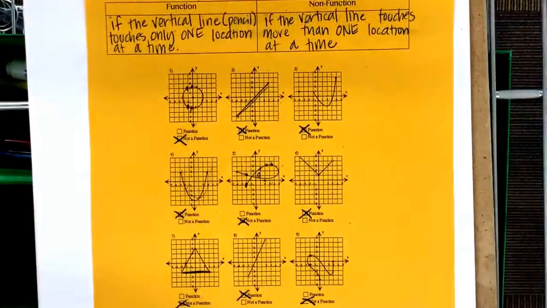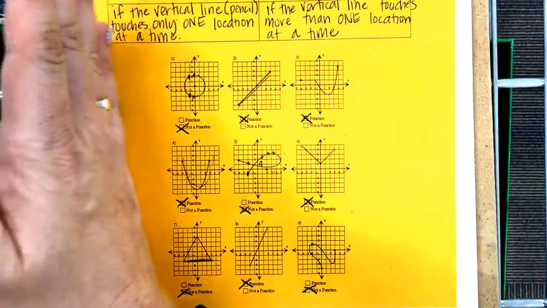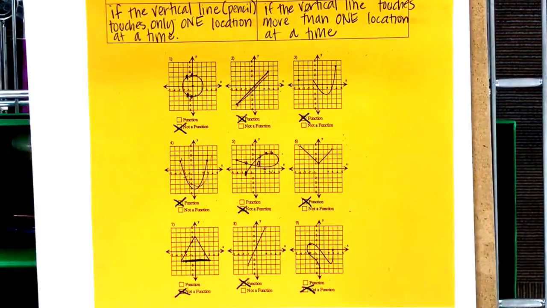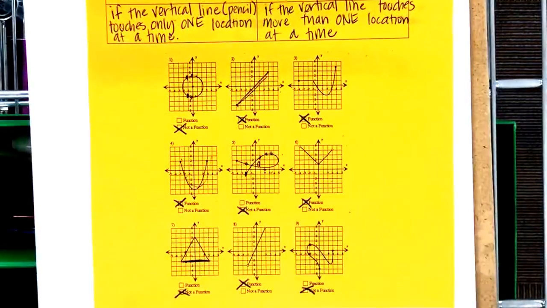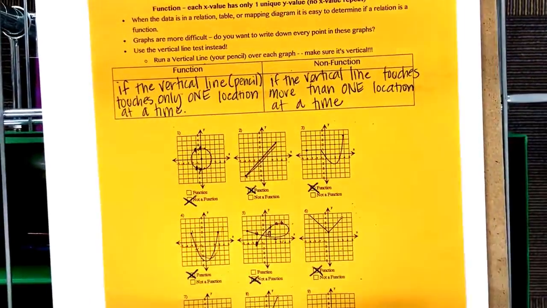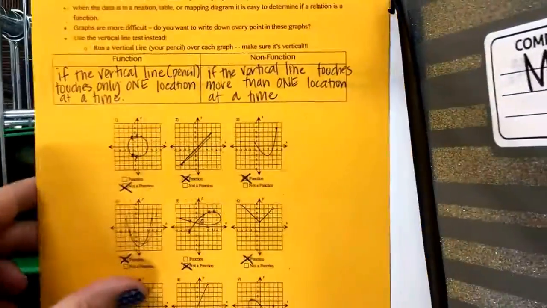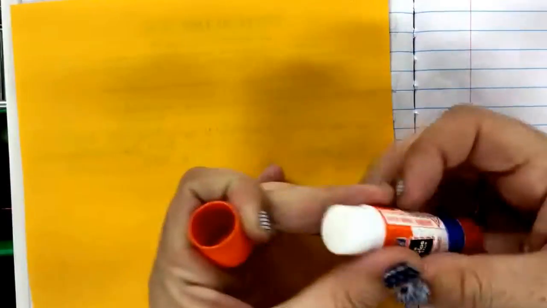And then we have graphs. To tell if a graph is a function, you do the vertical line test, where you drag your pencil across the graph and determine yes or no. Yes, it's a function if it only touches the graph one point at a time. But if it's ever touching two points at a time, that means that two x values are repeating, or three, or however many times it touches, and it's not a function. So we're going to glue this on page 22, and then you can start your homework.